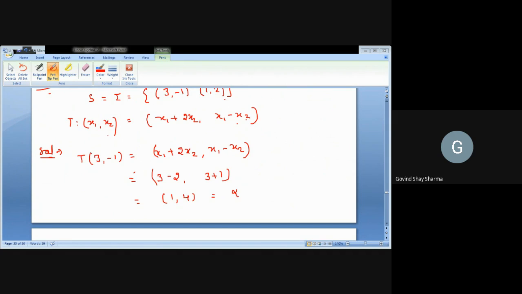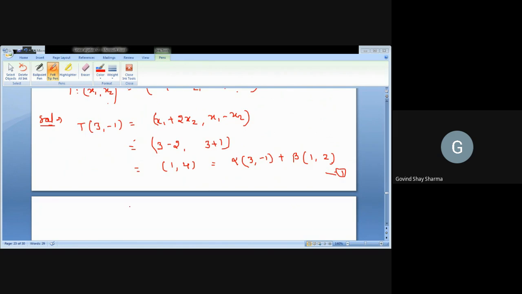We can write alpha times (3, minus 1) plus beta times (1, 2). Now second, T(1, 2). So we get 1 plus 4 and 1 minus 2, so we get (5, minus 1). We can write (5, minus 1) as alpha 1 times (3, minus 1) plus beta 1 times (1, 2).